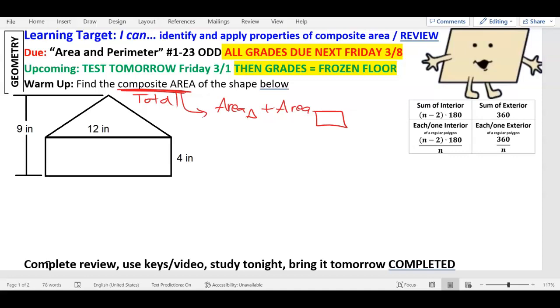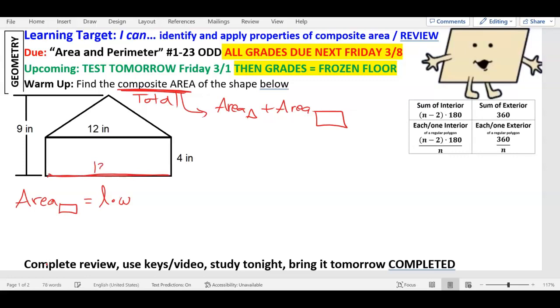Now, first let's talk about the area of the rectangle on the bottom. What's the formula for area of a rectangle? What times what? Base times height, or some say length times width. So base times height, length times width, whatever. What is the base of this rectangle?